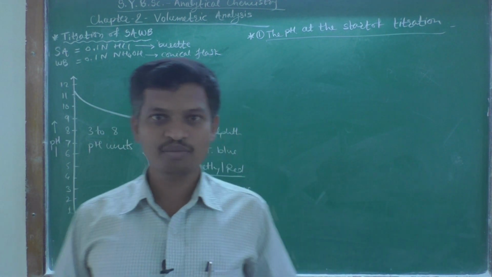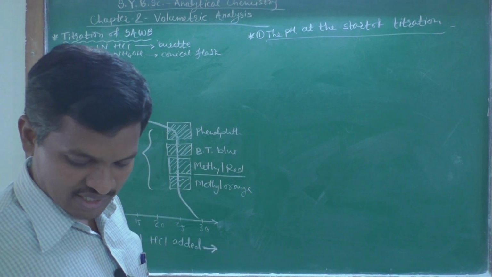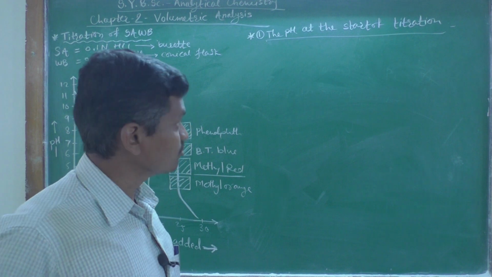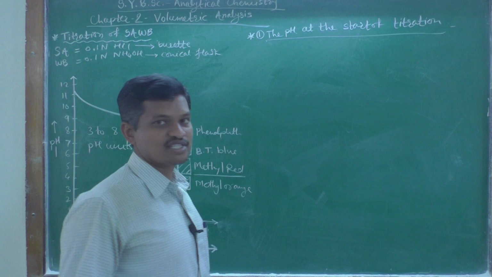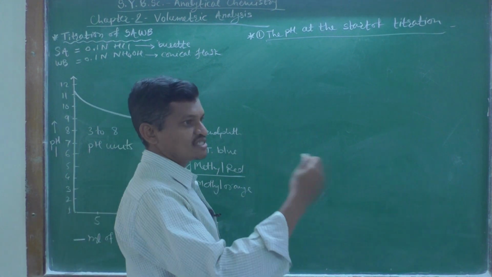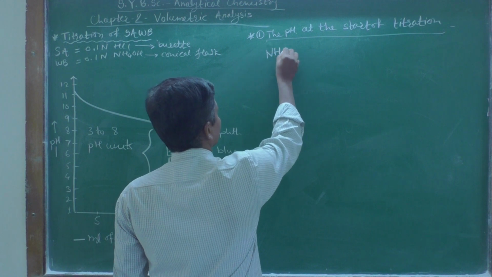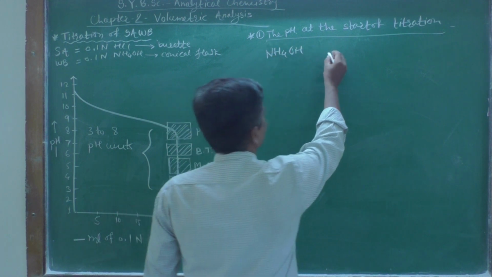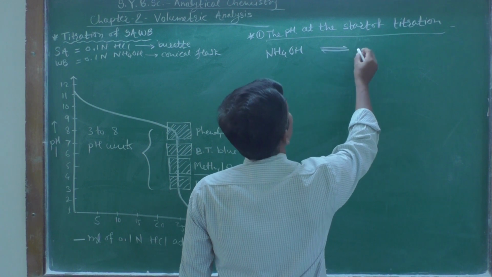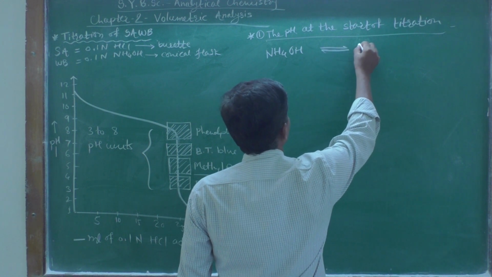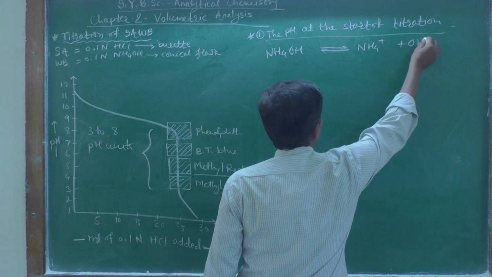So we have to calculate the pH of the solution at the start of titration. At the start we have only ammonium hydroxide in the conical flask. As ammonium hydroxide is a weak base, it dissociates partially, NH4OH giving NH4 plus and OH minus.